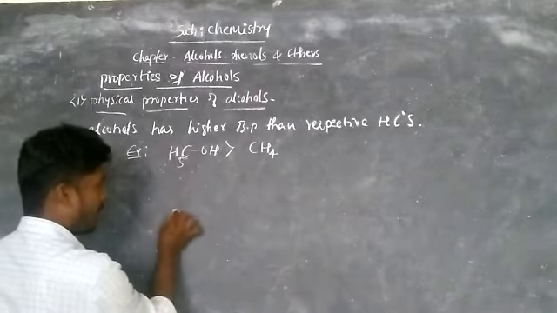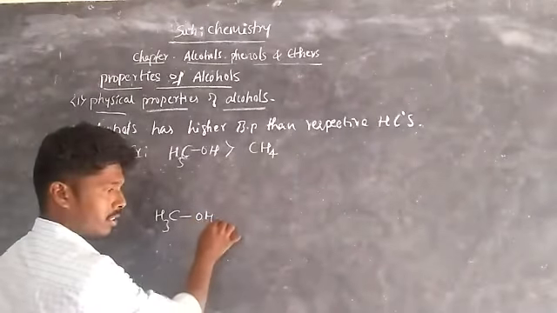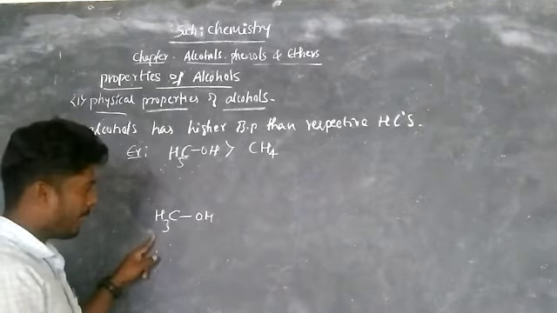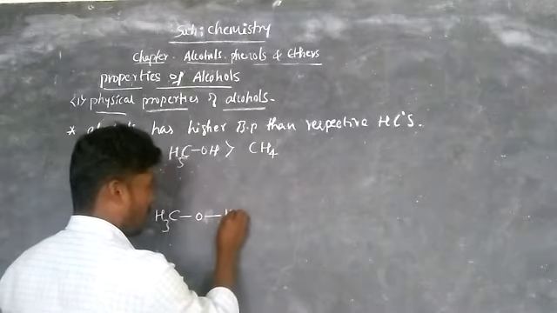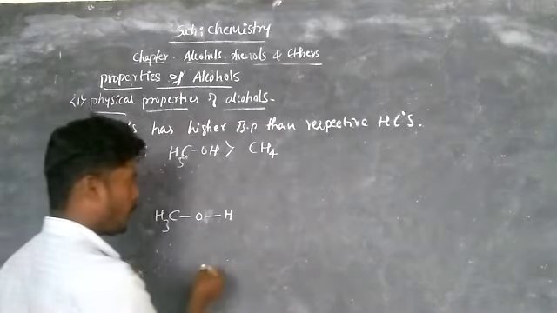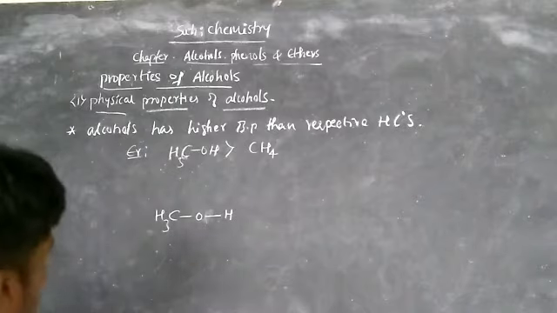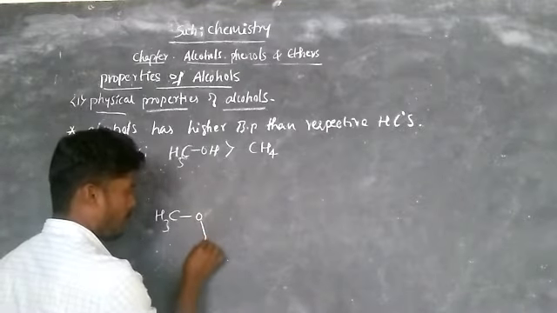For example, take methanol, CH3-OH. Here there is a hydrogen bond hydrogen, right? If you take one more molecule of methanol like that, see here actually the bond of methane and hydrogen is like a bent shape.